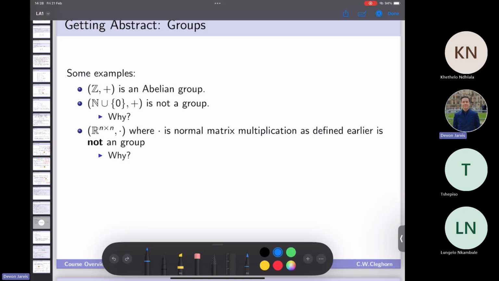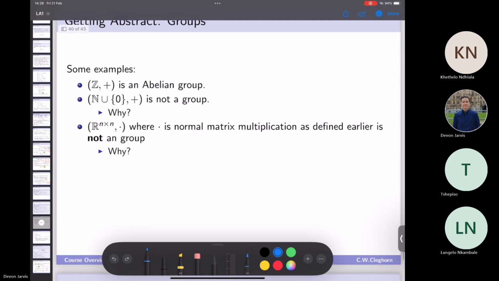Is this a group, or why is this not a group? Yeah. Matrix multiplication is associative. I think it is a group, but maybe not an abelian group.